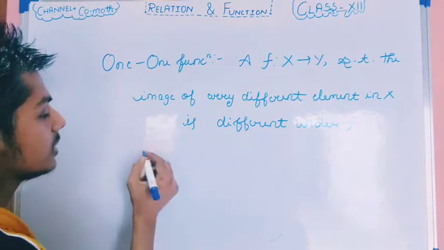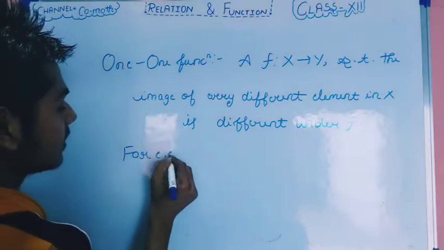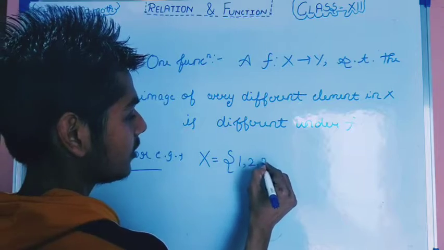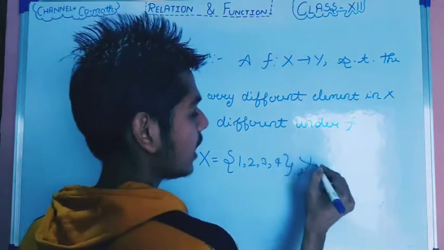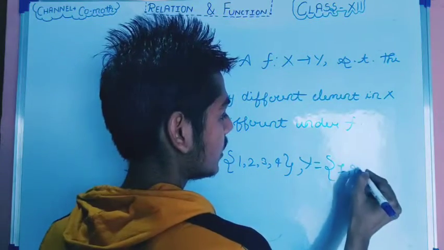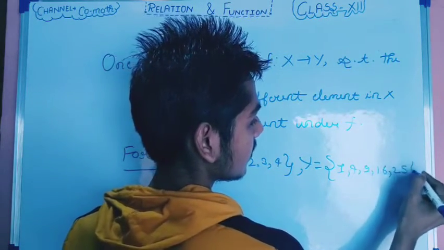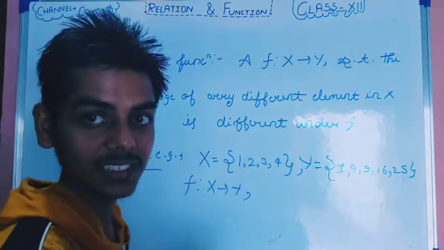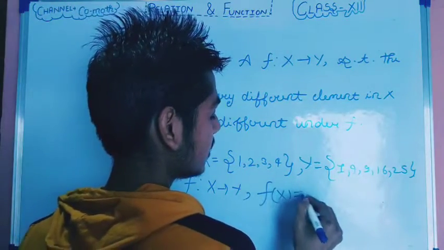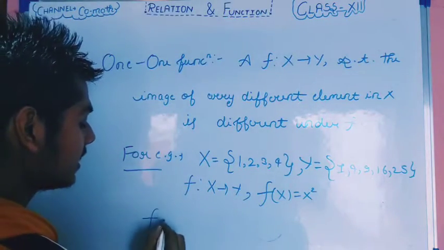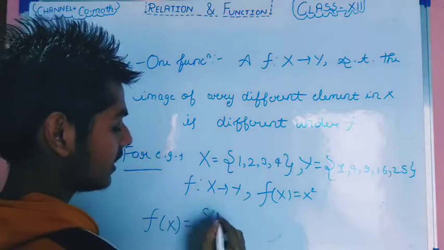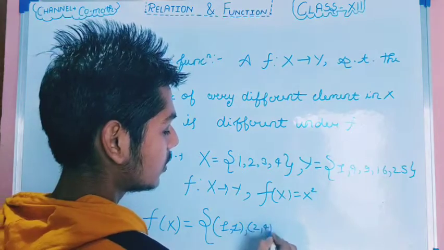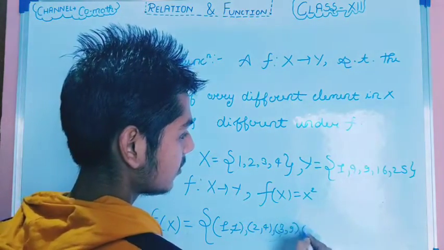Now let us again take an example. For example, consider the set x equal to 1 2 3 4 and the set y equal to 1 4 9 16 25, and a function from set x to set y such that f(x) is equal to x square, given in roster form as (1,1), (2,4), (3,9) and (4,16).